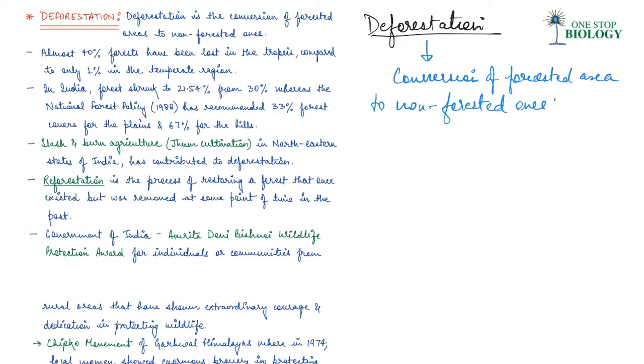According to an estimate, almost 40% of forests are already lost in the tropics, compared to only 1% in the temperate region. So basically in the tropics, a lot of forest region is being converted into non-forest ones.